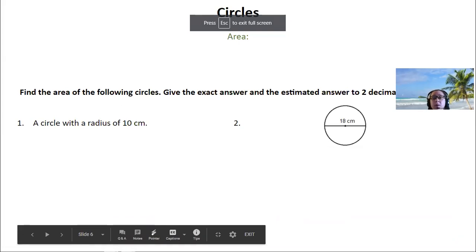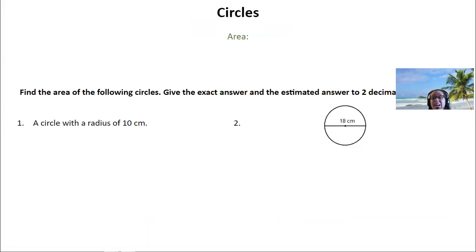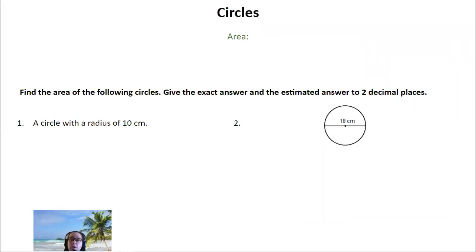Okay, let's talk about number 2. We want to find the area of this circle. Area equals pi times radius squared. So, what am I going to put into the formula here?